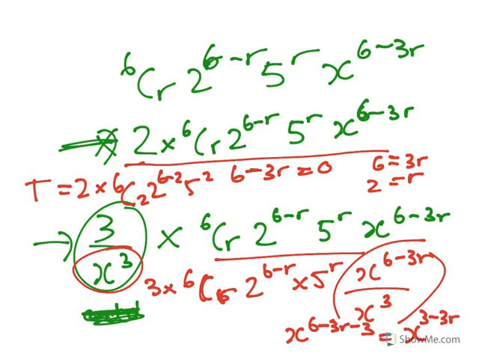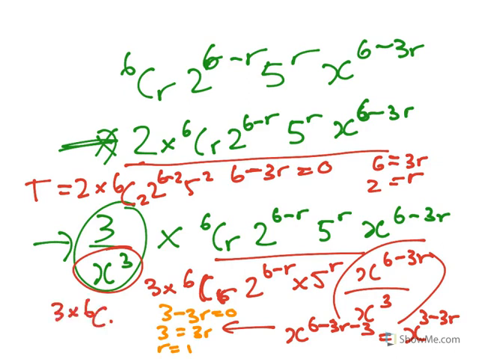So that will be independent of x when 3 minus 3r is 0, so when 3 equals 3r, or r equals 1. So when r equals 1, the term independent of x here would be 3 times 6C1, 2 to the 5, 5 to the 1. It'd be 3 times 6 times 32 times 5.